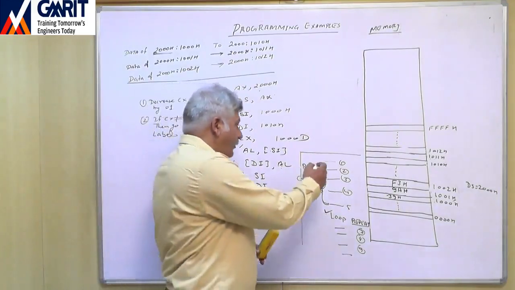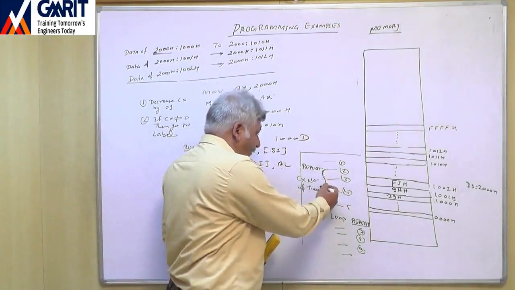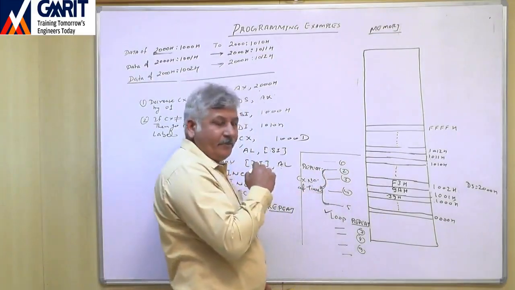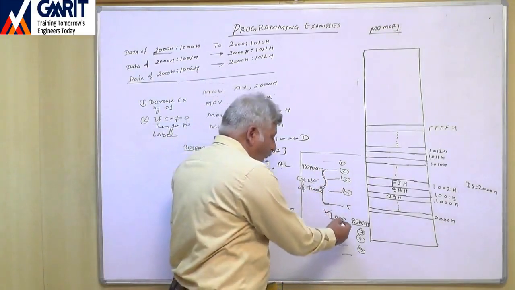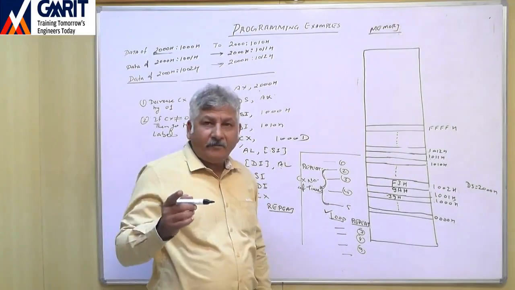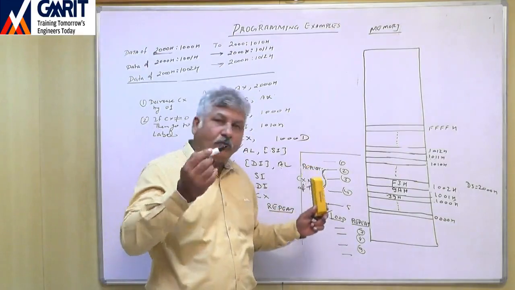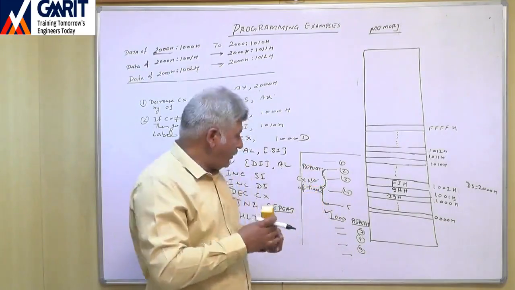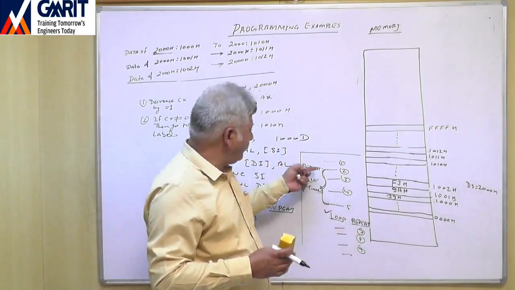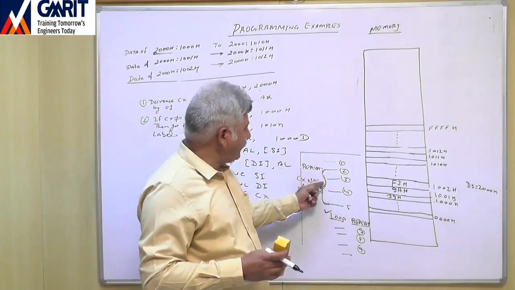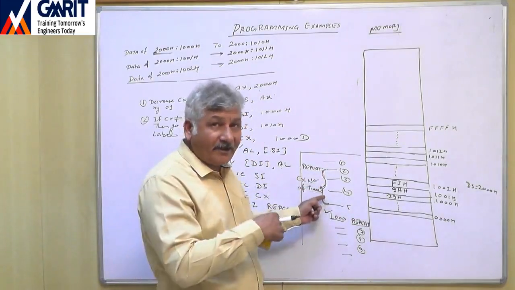Suppose we have stored 2 in CX. Then first time these instructions will be executed. Now loop will reduce the value of CX by 1. CX is now reduced from 2 to 1. It is not 0. Again the sequence of the program will go here, and these instructions will be executed a second time.